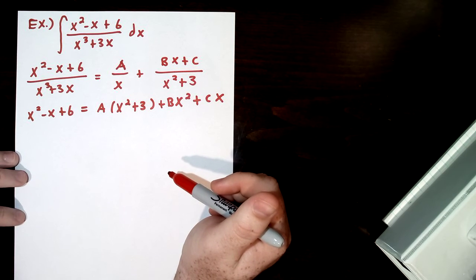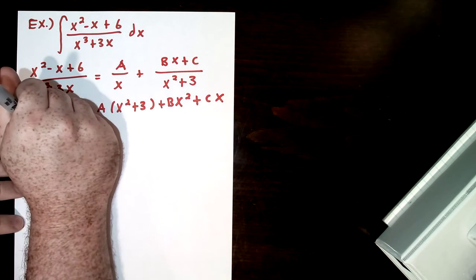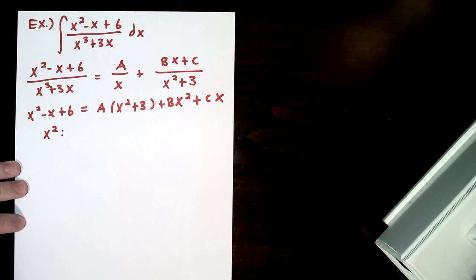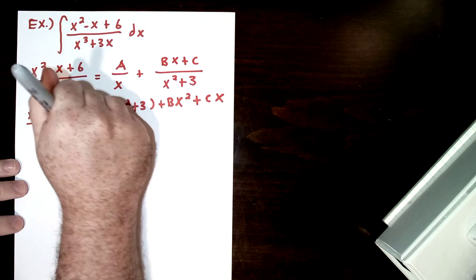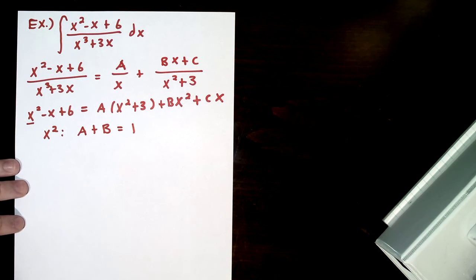And now we'll go ahead and compare our coefficients. So let's start off with our x squared term. We have ax squared, we have bx squared, and we have our coefficient of x squared on the left equal to 1. So we got a plus b, set that to 1.